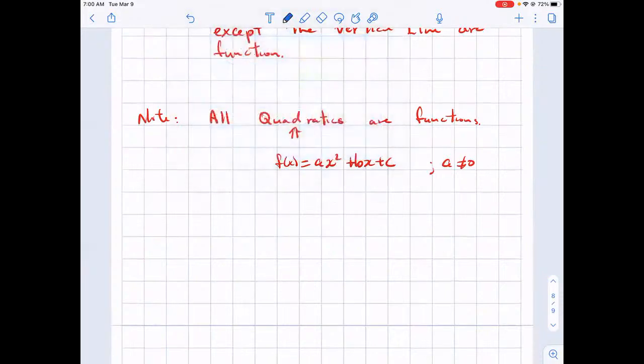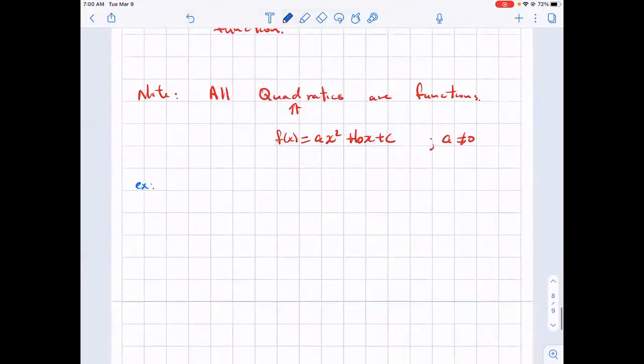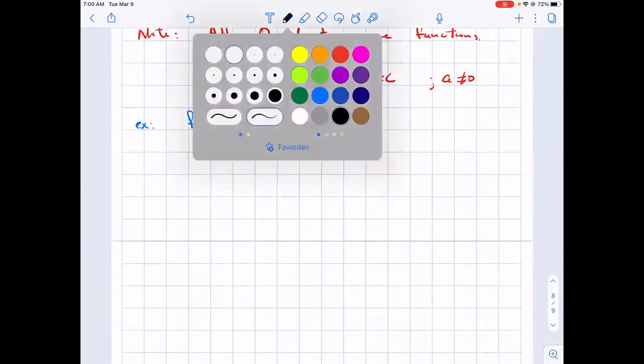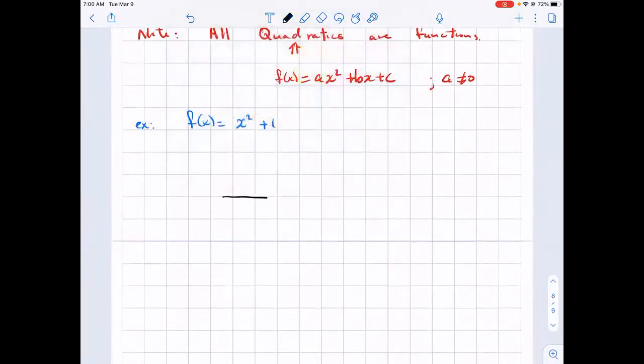Example of this is if we have f of x is equal to x squared plus 1. We saw before, I drew this before, okay? X squared plus 1 is the quadratic that looks like this.